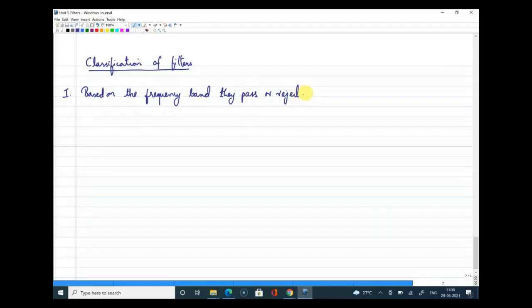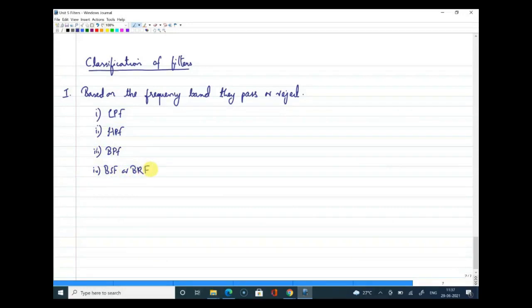All right, so that is the first classification, and there we can classify filters as low pass filter, high pass filter, band pass filter, and band stop filter or band reject filter.